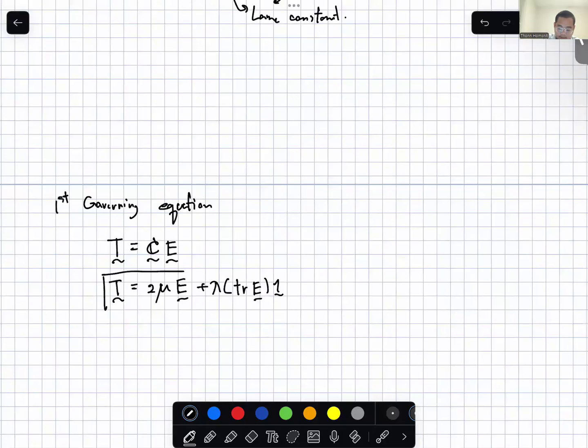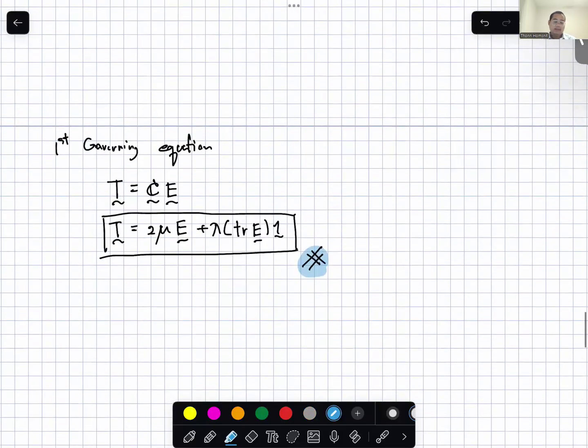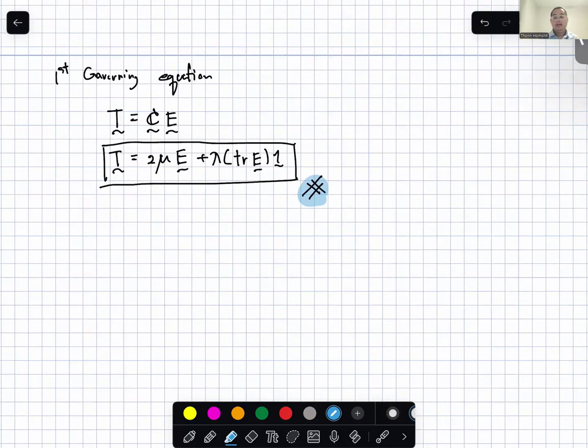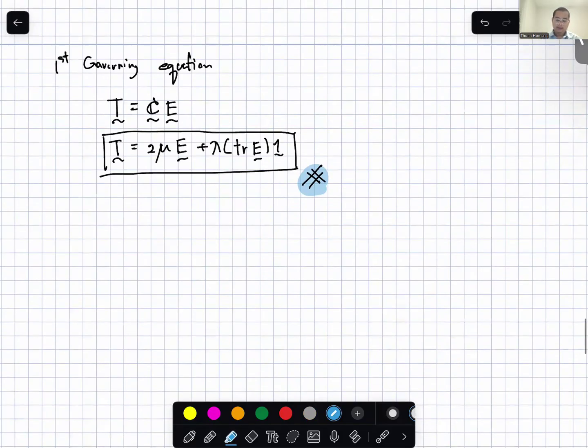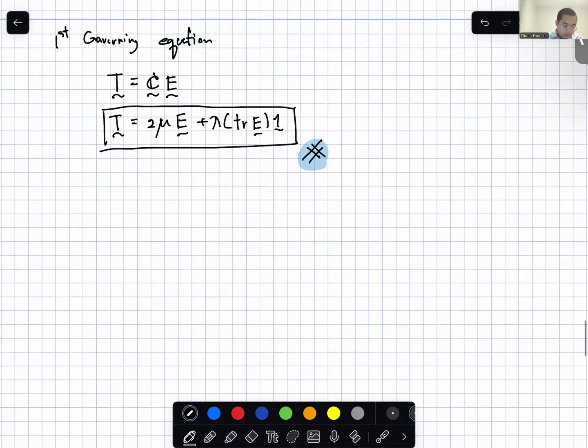And this is the first governing equation. This basically gives us the stress-strain relation for the linearly elastic isotropic material.